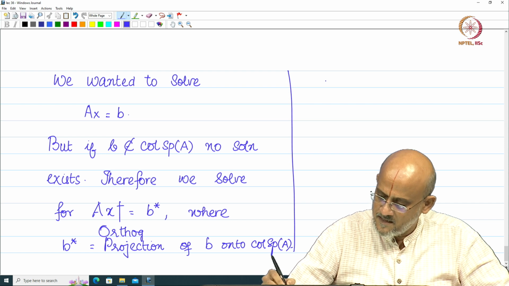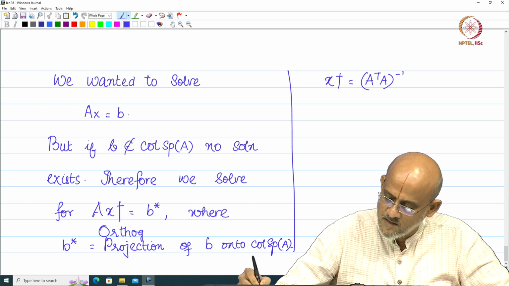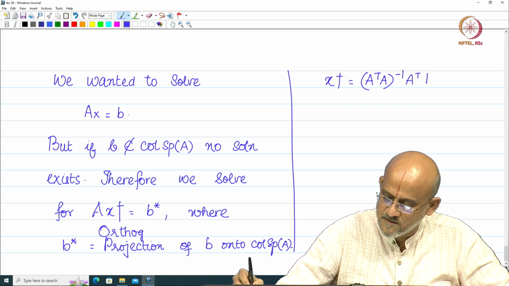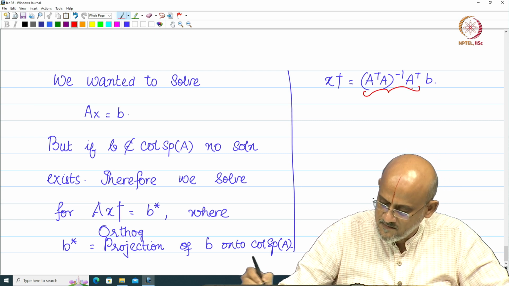So we had x dagger to be of the form A transpose A the whole inverse A transpose B. Now just focus on this part.